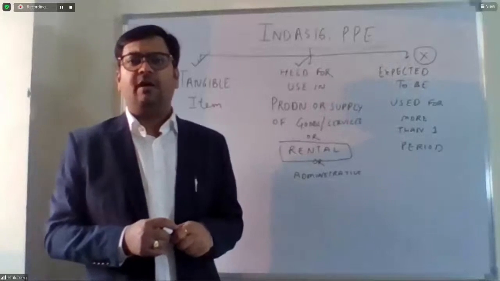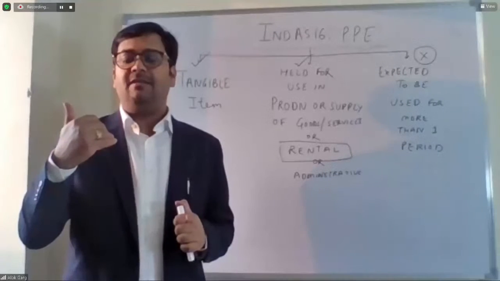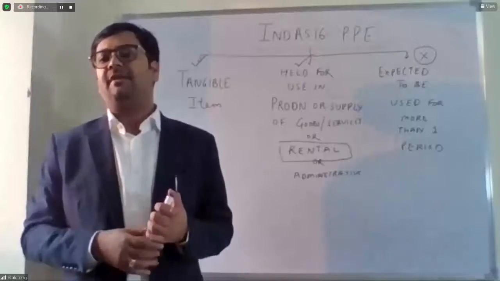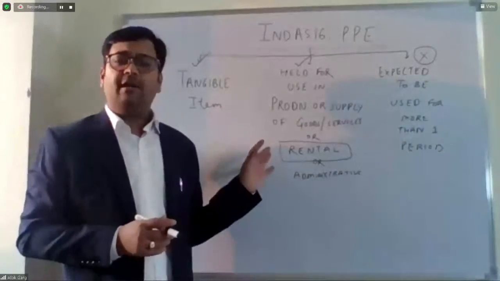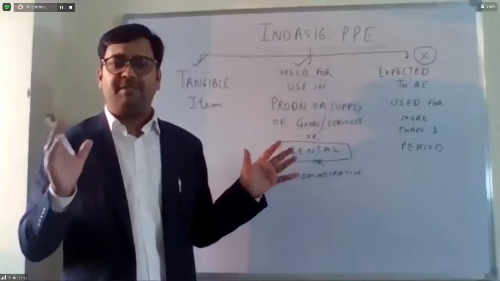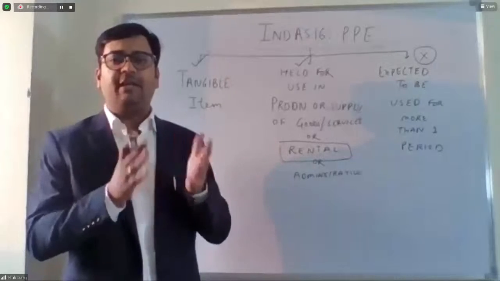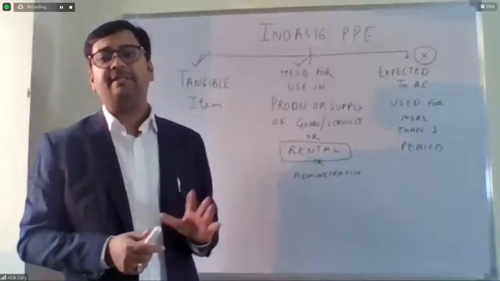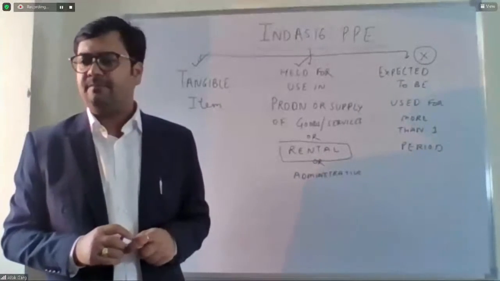Under that standard, if the objective for land and building is to earn rental or capital appreciation, it will be covered under investment property. Other than land and building, if there is a vehicle, a machinery or anything else, if the objective of the company is to earn rental from that particular asset, it will be covered under PPE. Okay, guys, is it okay?